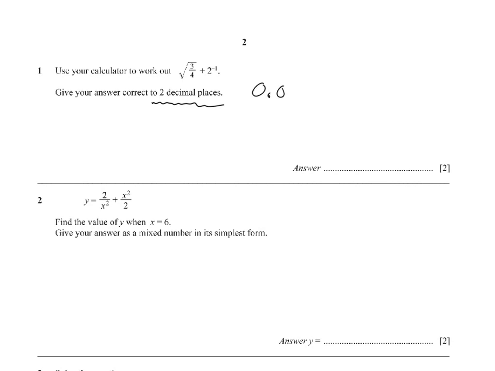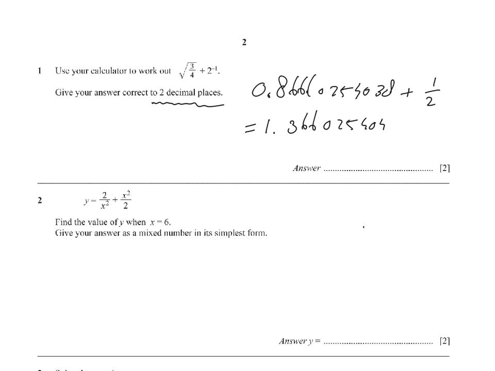It gives you 0.86600254038 plus, and 2 to the power minus 1 is the same as 1 over 2. Your calculator will even tell you that. So if you plug all of that in your calculator, that will equal 1.366025404.